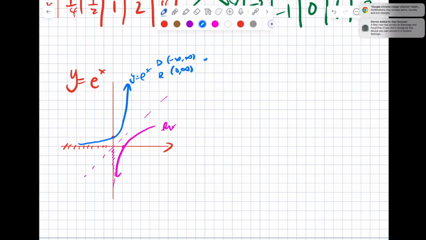Also, this is the part that is going to be kind of confusing: the limit as x approaches negative infinity of e to the x. What do you think it is approaching? 0. Is that okay?